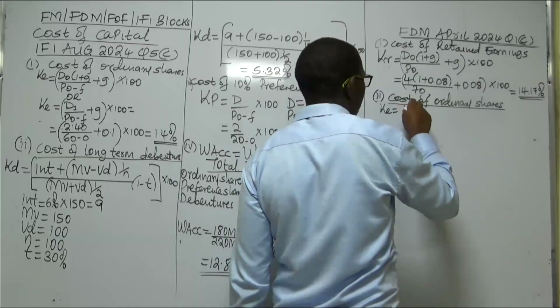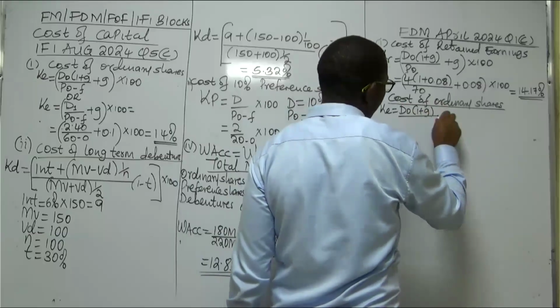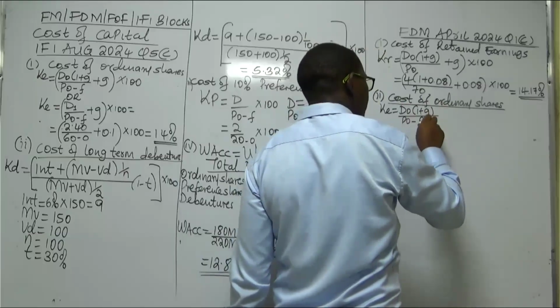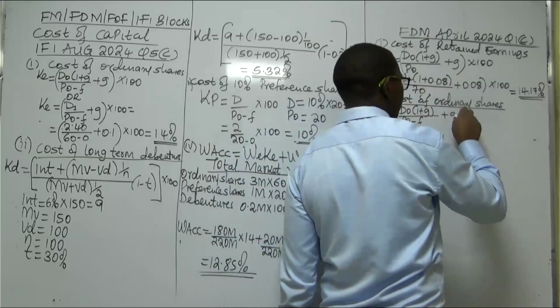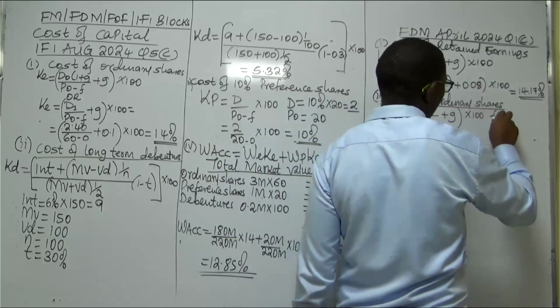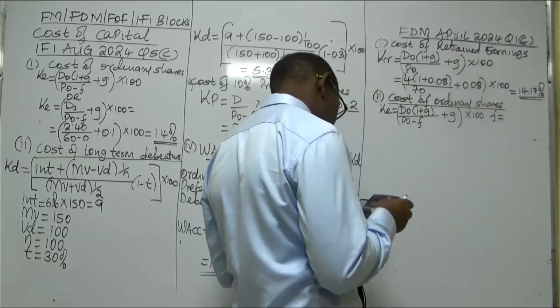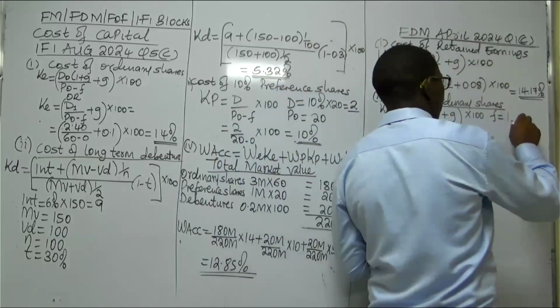Now, on the cost of ordinary shares, which is the KE, to be the D0 times 1 plus g over P0. Here we allow up to incorporate the flotation cost. You have the growth rate multiplied by 100. So flotation cost from additional information number 1 was 10% of the issue price.